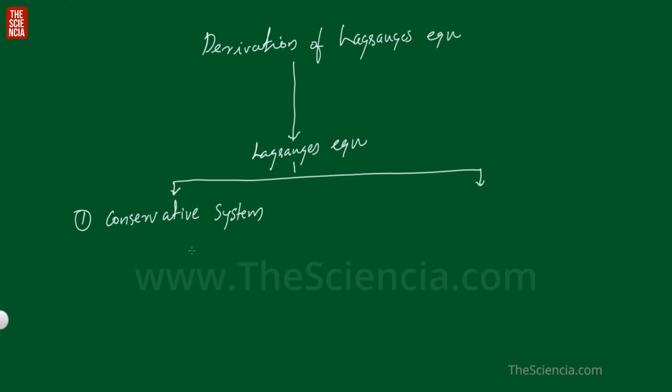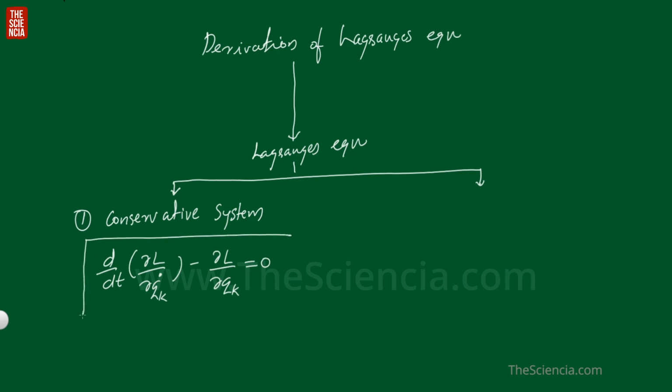For a conservative system, the Lagrange's equation will be d by dt of dou L by dou qk dot minus dou L by dou qk equal to 0. This will be the Lagrange's equation for a conservative system. And the second case is the non-conservative system.